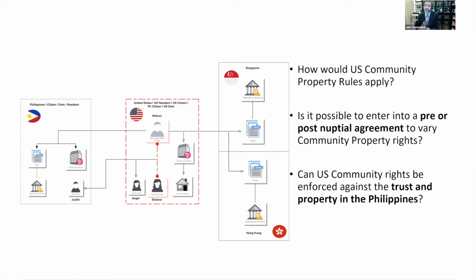Texas would have a narrow definition that would not include as much property automatically into community property as, say, the community property approach in California, a much broader definition. So the answer here is yes, US community property rules could very well apply depending upon when the marriage occurred, where they were living when Nelson passed away, and where the property is located.